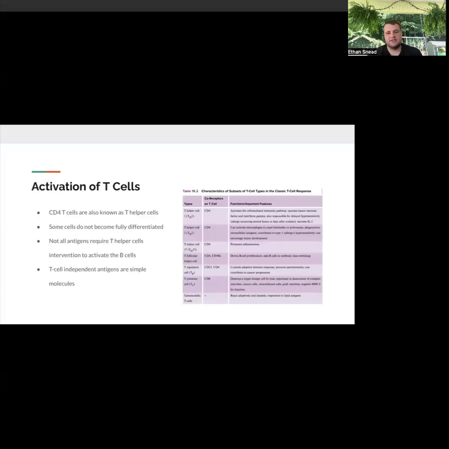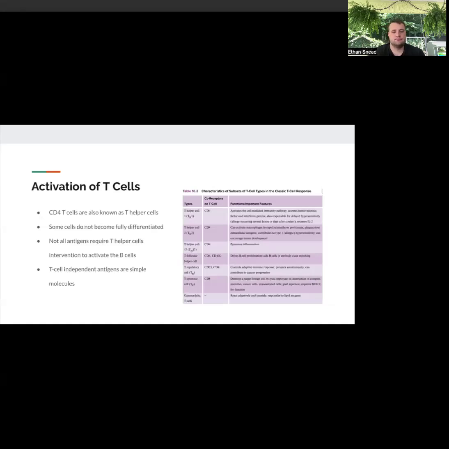Some of these cells are not fully differentiated or fully activated, and this includes things such as memory cells. This cell population is activated and differentiated, but it stays uninvolved in the current response, and it will be ready to act in subsequent encounters with the same antigens very quickly and very strongly.